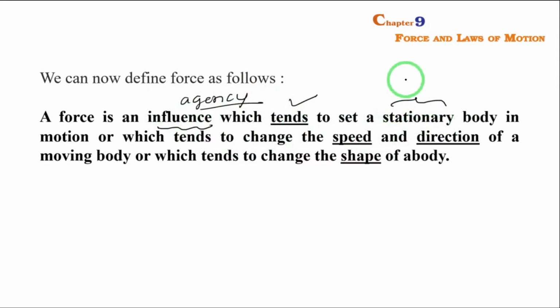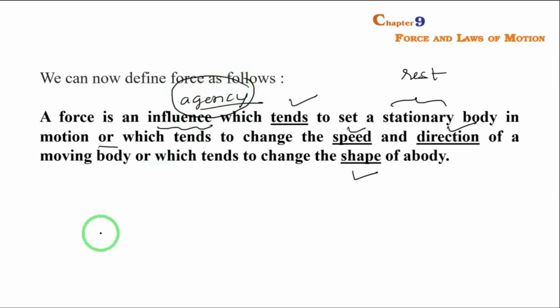What is a stationary body? The body which is at rest, or which tends to change the speed or the direction of the moving body, even the shape of the body.